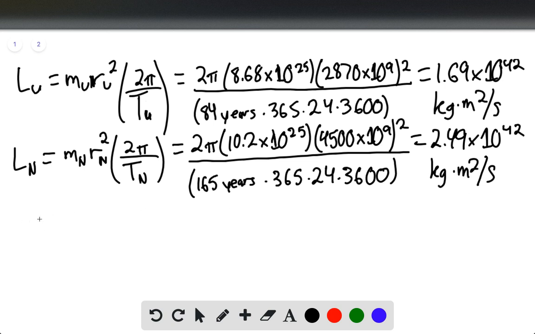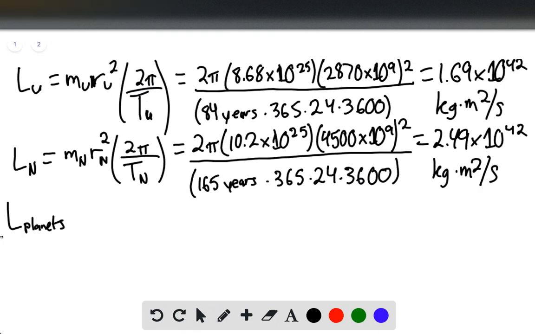And so if they're asking us for the total angular momentum of the solar system and the percentage of the total angular momentum of the solar system that is accounted for by the planets orbiting the sun, we're going to simply take the angular momentum of the planets and divide it by the angular momentum of the solar system.